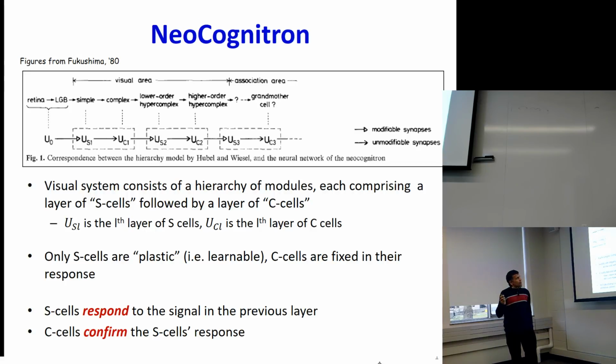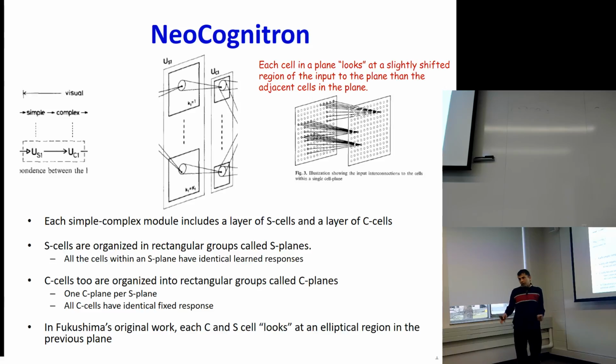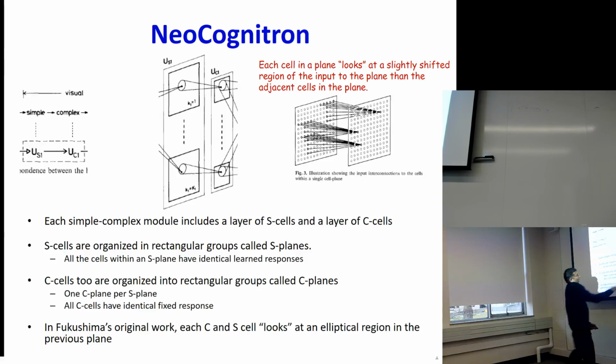So here's how they organized it. Each simple-complex module is organized in a layer of S cells and a layer of C cells. So this is the first layer of S cells, the first layer of C cells. Now the S cells are organized in many rectangular groups called S planes. So this entire thing is an S plane, and this entire thing is an S plane.